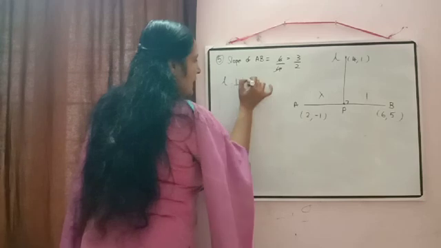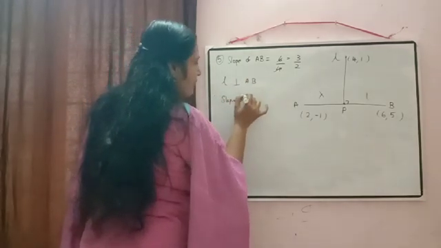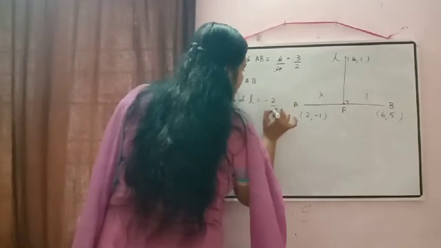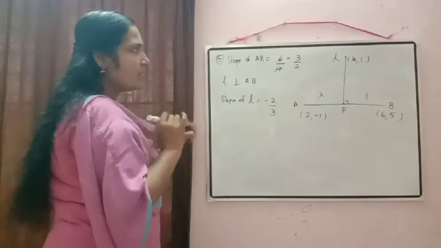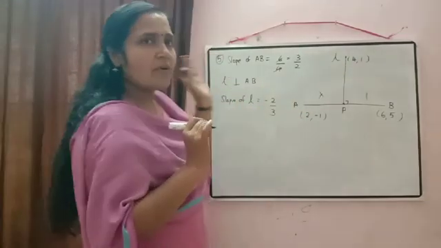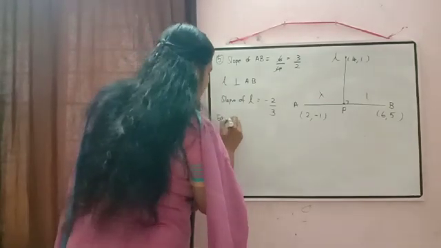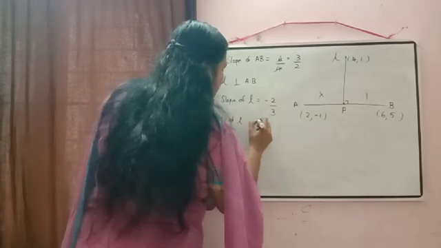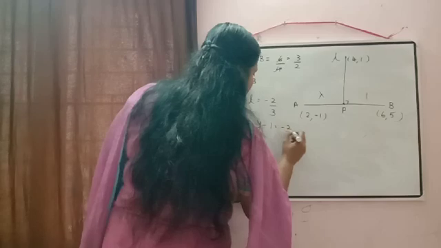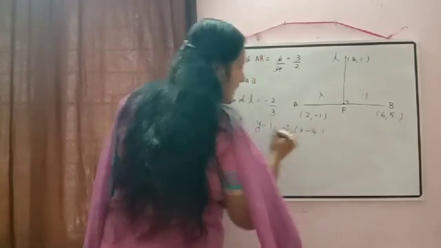Now write down, L is perpendicular to AB. Therefore, slope of L. What will be the slope of L? Yes, it will be equal to minus 2 by 3. Now we have the slope of L and L passes through the point 4 comma 1. So we can calculate the equation of L. So just write down there, equation of L, y minus y1. So y minus 1 is equal to m, that is equal to minus 2 by 3 into x minus x1.